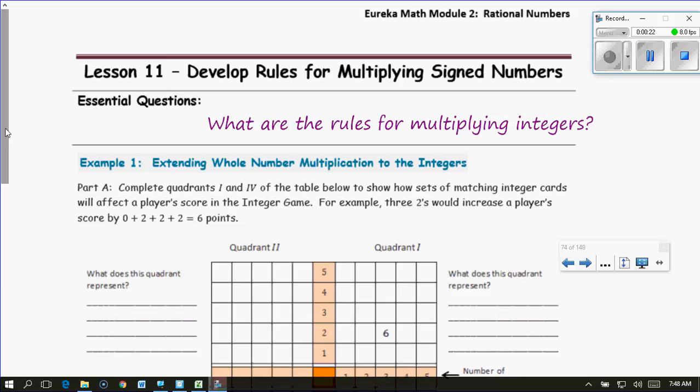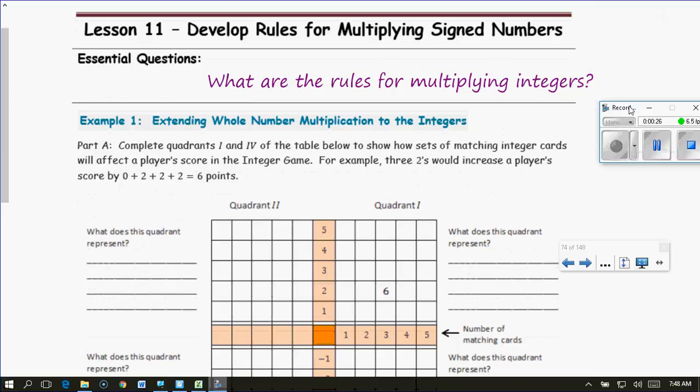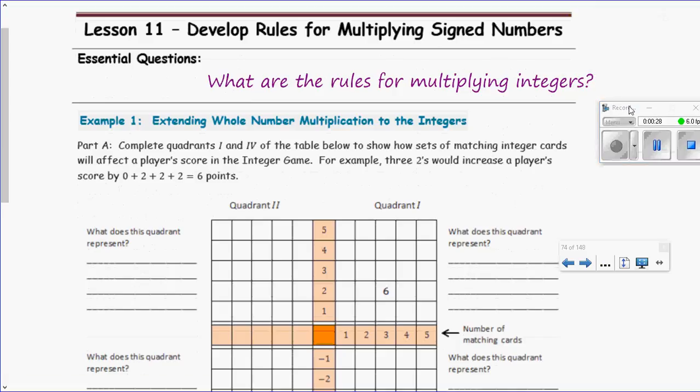For this one, we're still talking about the integer game, and we're going to be referring to either picking up cards, which would signify a positive number, or discarding a card, which would be a negative number. Then it also depends on if the card we pick up is positive or negative, or if the card we discard is positive or negative. So just to give you a little scenario, you can either pick up a positive card, so that's what that plus plus is that I wrote.